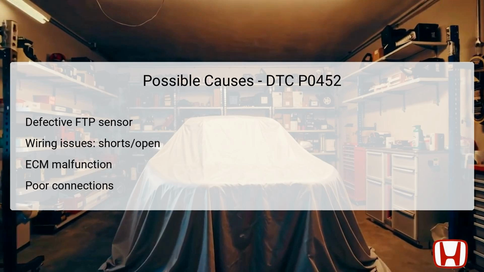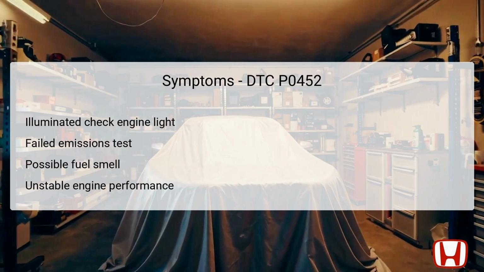Following the outlined troubleshooting steps, the P0452 code can manifest through several symptoms. The most common indication is the illumination of the check engine light on the dashboard, alerting the driver to a fault. Additionally, the vehicle may fail an emissions test due to improper vapor regulation from the fuel tank.